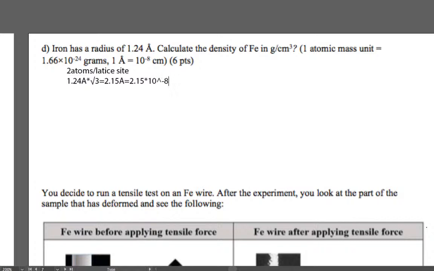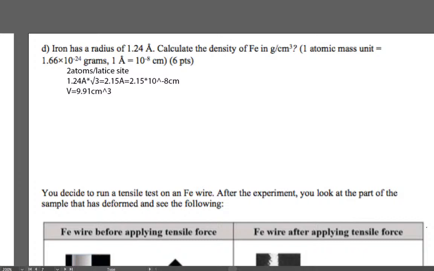And so when you calculate the volume, this would equal, just cube the answer, multiply that by 10 to the power of negative 24. There we go. Got 9.91 centimeter cubed. So that's the volume.